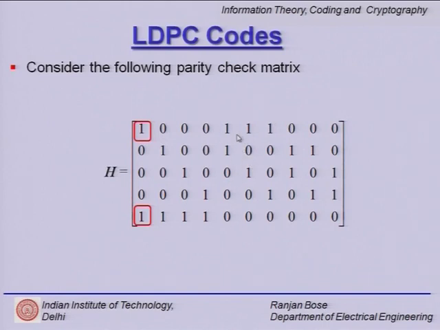So, R is equal to 2 and S is equal to 4 for this parity check matrix. If I count the number of columns, 1, 2, 3, up to 10, so n is equal to 10. So, this is a (10, 2, 4) LDPC code.